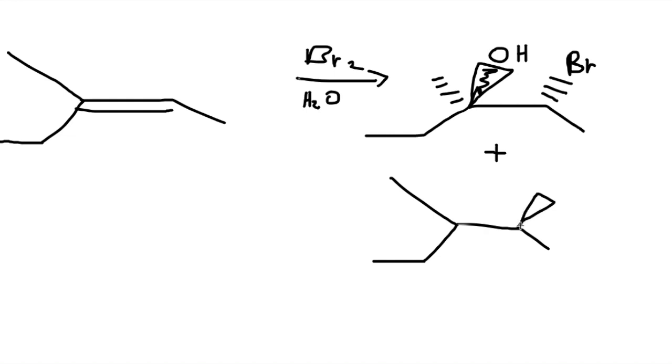Now bromine with the wedge, OH with the dash. And also let's change that methyl group to a wedge. So this is always an anti-addition, meaning on opposite sides of each other, and it always has an enantiomer of it.